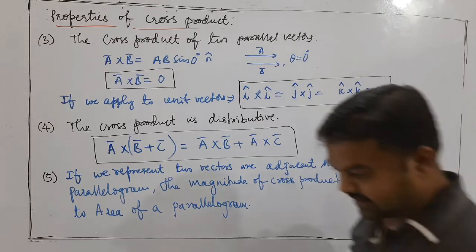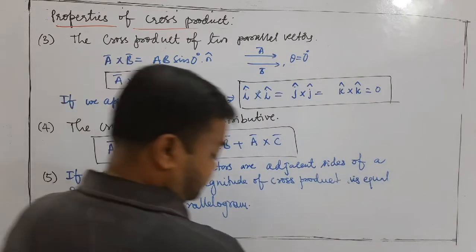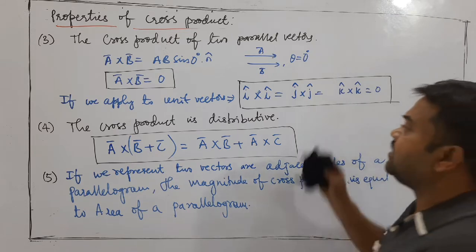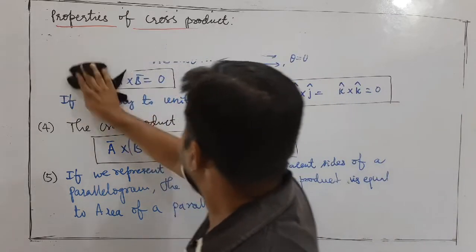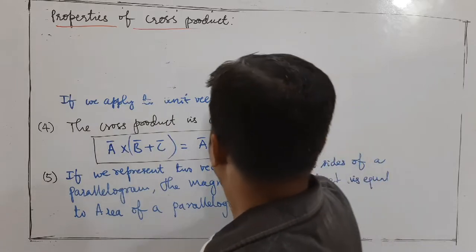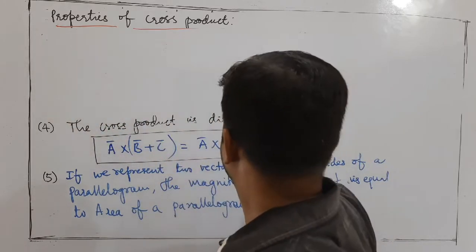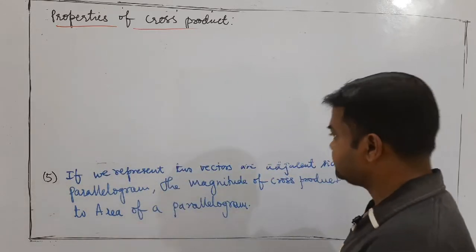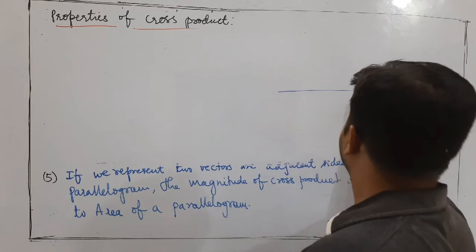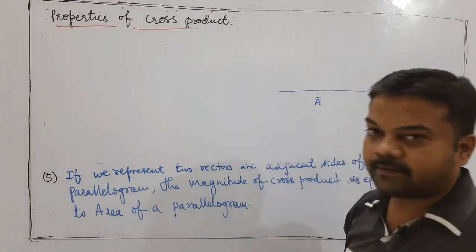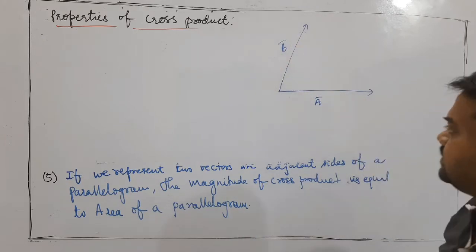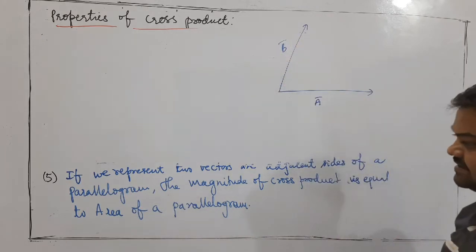First you write, shall I rub this one? This is also one of the important properties. How can we derive it? Simply, if this one is A bar and this one is B bar, these two are adjacent sides.